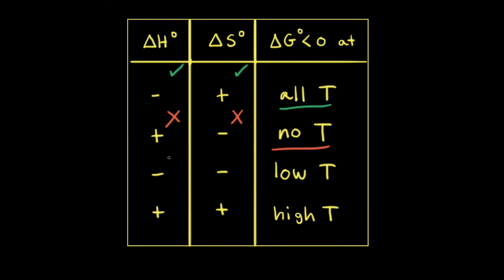When delta H naught is favorable and delta S naught is unfavorable, the forward process is only thermodynamically favorable at low temperatures. And finally, if delta H naught is unfavorable but delta S naught is favorable, the forward process is thermodynamically favorable only at high temperatures.